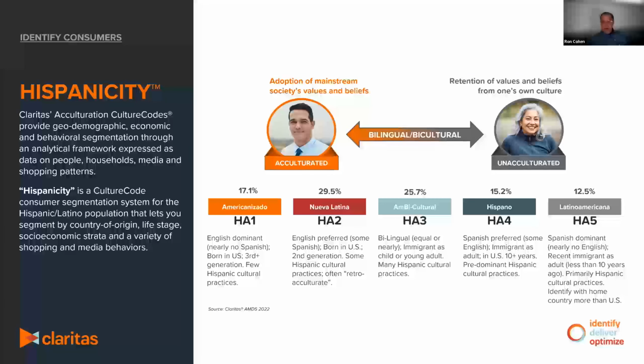These are third and beyond generation in the US. HA2 is the children of immigrants. So they're second generation, first born in America. To all the way on the right, you have recent immigrants who came here within the last 10 years, primarily Spanish dependent, with Spanish cultural practices. These are people who have immigrated more than 10 years ago.